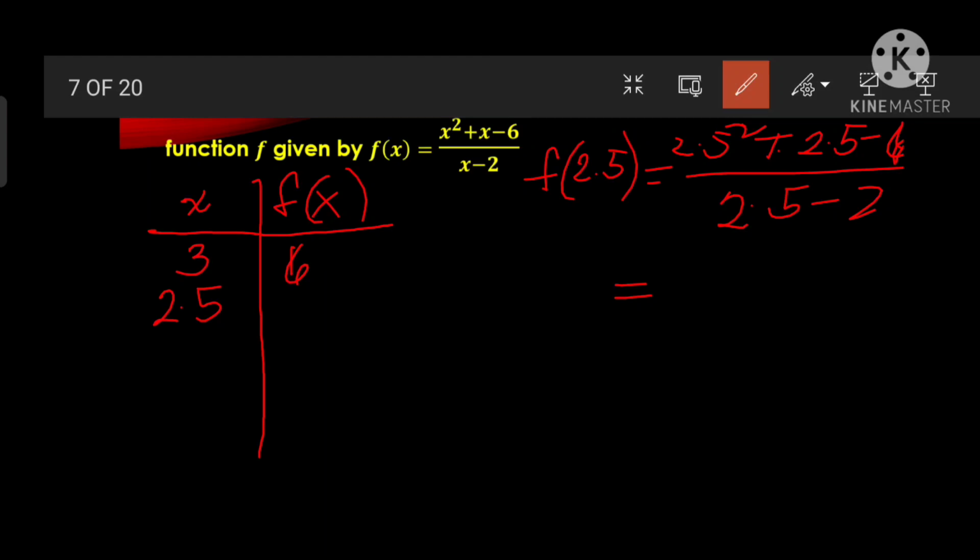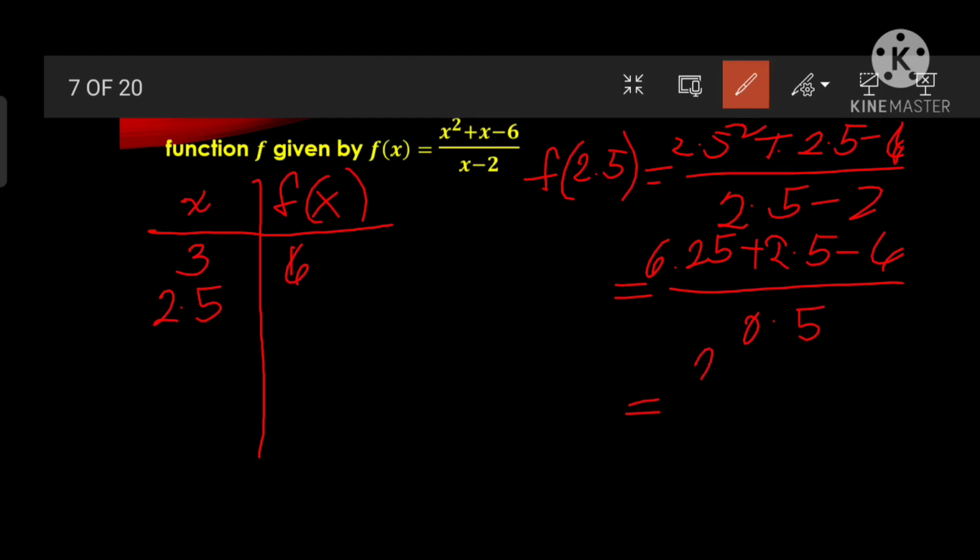So 2.5 squared is equal to 6.25. 6.25 plus 2.5 minus 6 all over 0.5. Then, simplifying this further, we'll have 6.25 plus 2.5 is 8.75 minus 6.